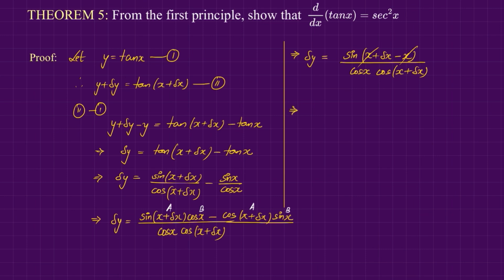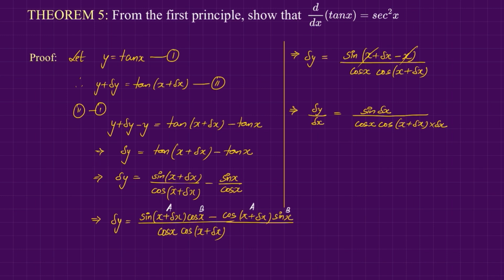Now let me divide both sides by delta x. So delta y by delta x equals sine of delta x by cos of x into cos of x plus delta x, whole divided by delta x. Now if I divide this fraction by delta x, it will finally be here only.